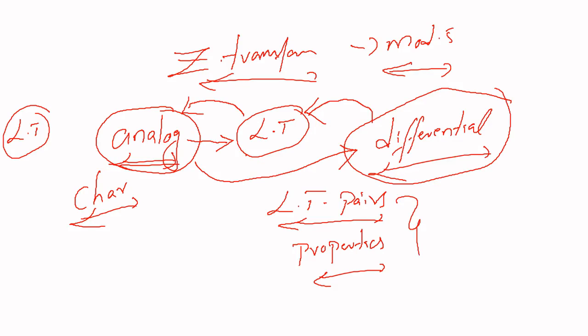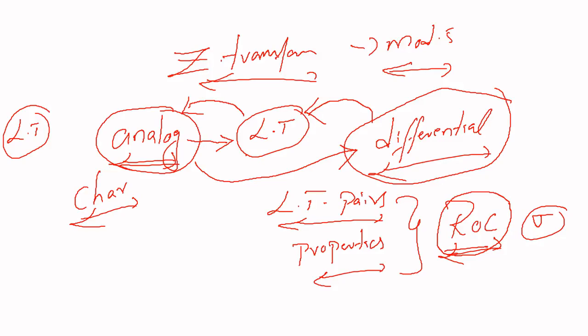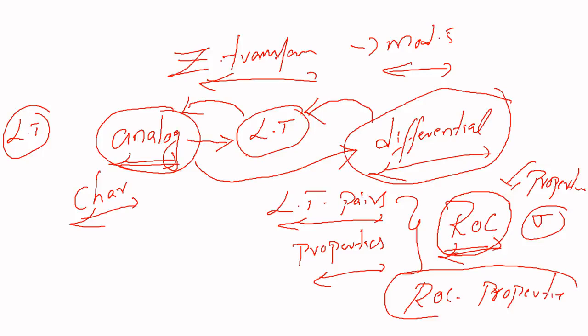We talked about something called the region of convergence, and the region of convergence gives you an insight into the characteristics of the particular equation, especially the location of the poles, etc. The region of convergence in the properties applies to either the Laplace transform or the Z transform.